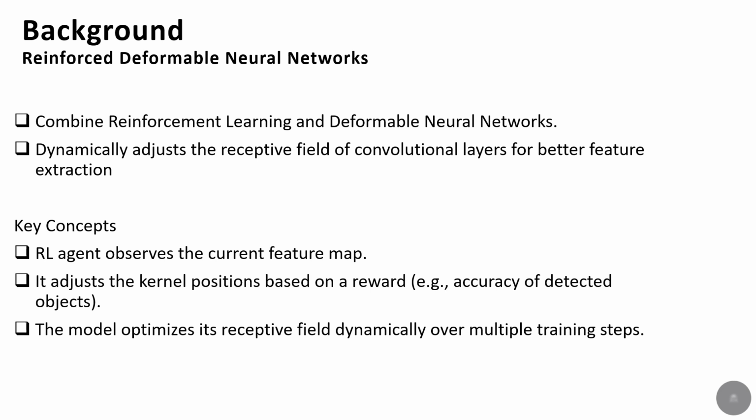As you keep doing that, the model dynamically adjusts or optimizes the receptive field in order to learn more and more about the data set to make better prediction, or classification if you're doing classification, and so on. That's the idea I wanted to pass on.